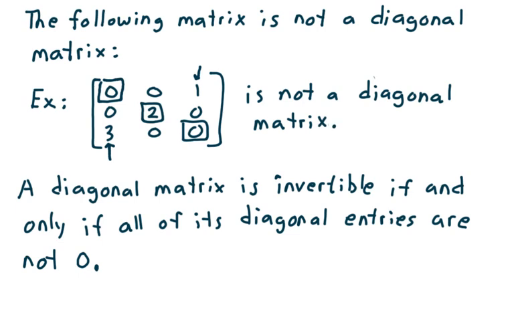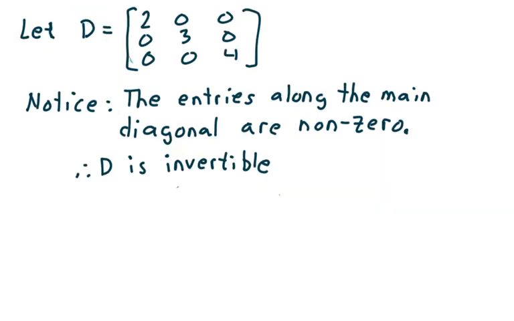I hope that's okay. Now, why do we care about diagonal matrices? A diagonal matrix is invertible if and only if all of its diagonal entries are not 0. For example, let D equal the matrix 2, 0, 0, 0, 3, 0, 0, 0, 4.